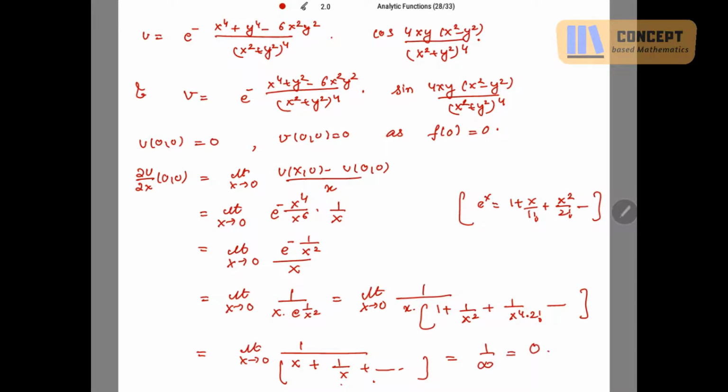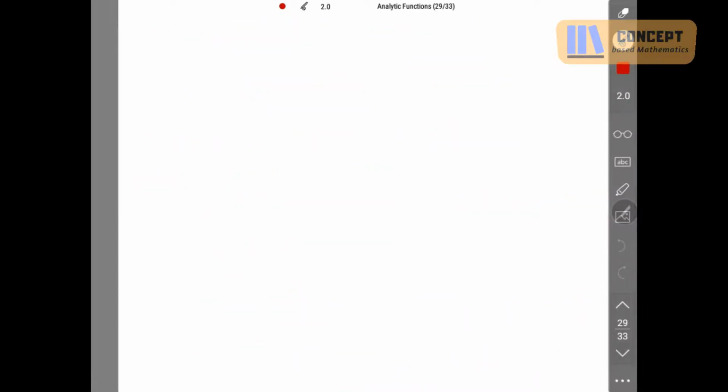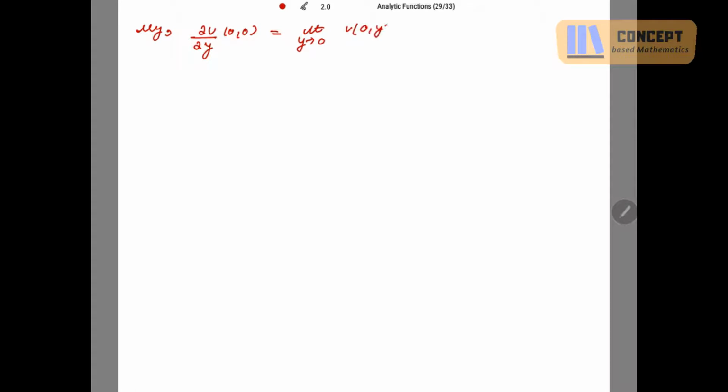Okay. Similarly, ∂u/∂y. This is limit y tends to 0 of u(0,y) minus u(0,0) over y.